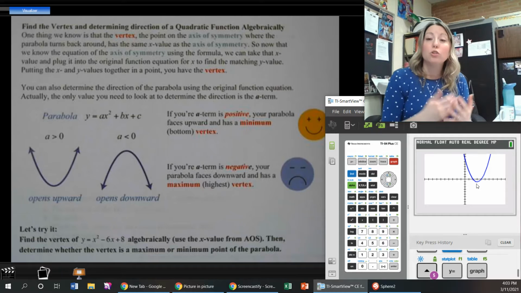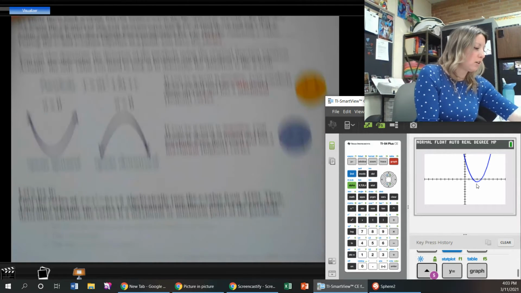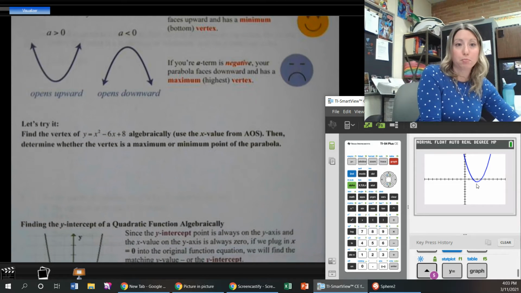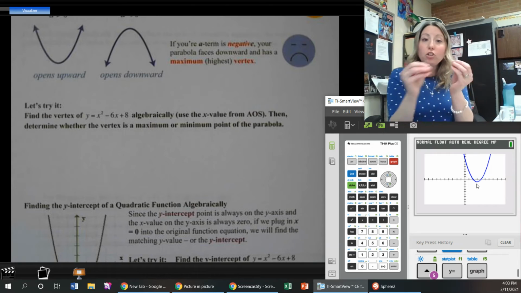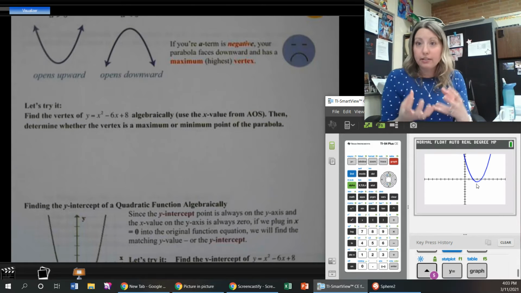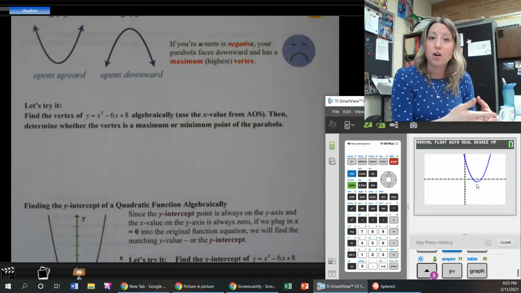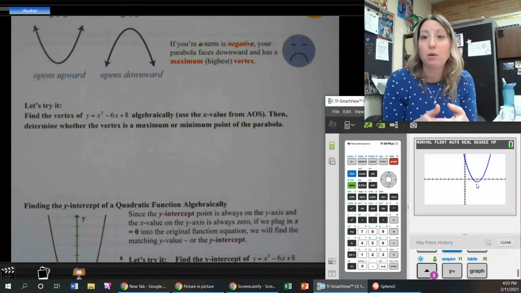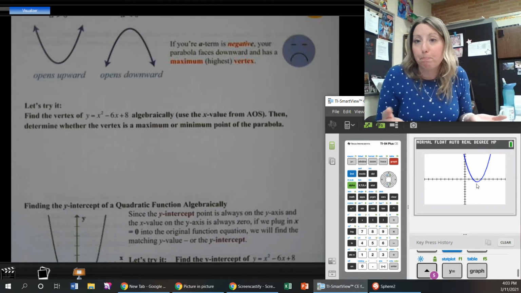Okay, so the two things we'll do this time using our y equals x squared minus 6x plus 8 is we're going to find the matching y value. So we're going to state the coordinate that is the vertex of this function. And we're going to state whether that vertex is the highest point or the lowest point, a maximum or a minimum.